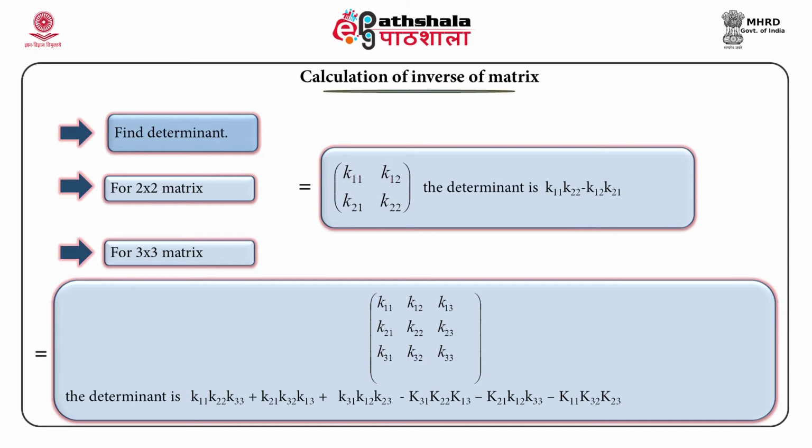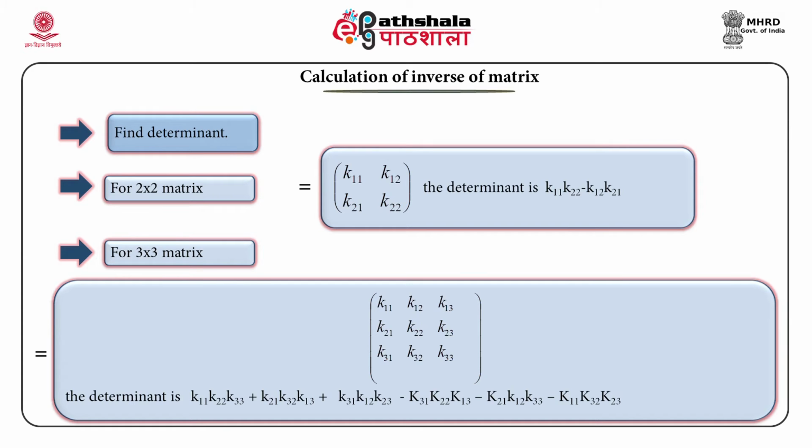Now, which other elements are there in our equation? If I consider K21, it goes with which other elements? What magic did I teach? Omit the row and column. So K21 would be multiplied by K32 and K13, and minus K12 and K33.